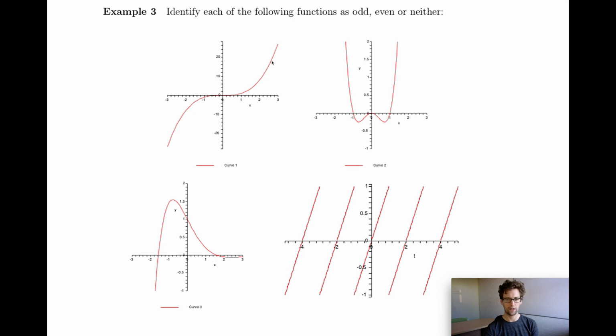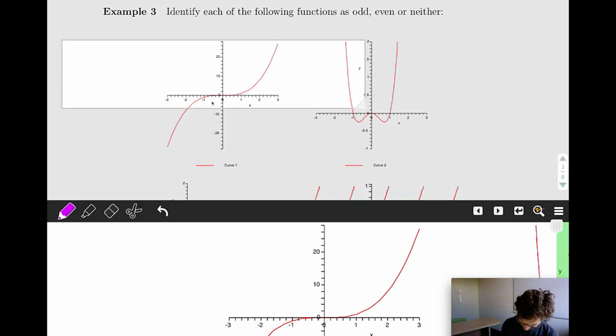So thinking about an even function, that means that when I swap left to right, I get the same function again. And an odd function is one which I swap left to right and I swap upside down. So looking at this function here, we see that if I swap left to right, I'm not going to get the same function back, because I'm going to get a function that's going to look something like this.